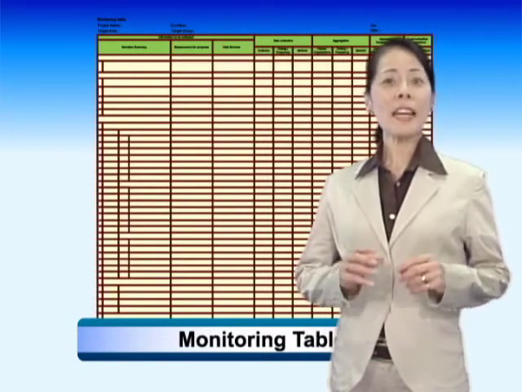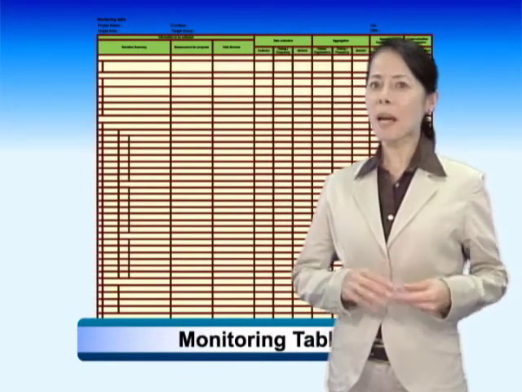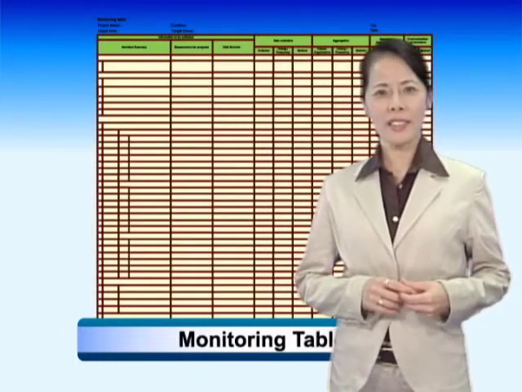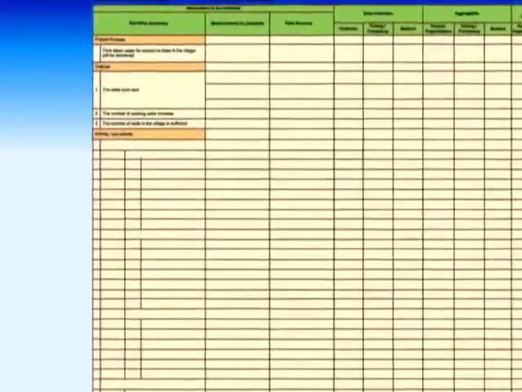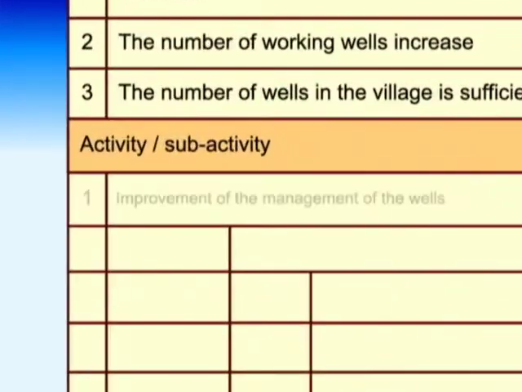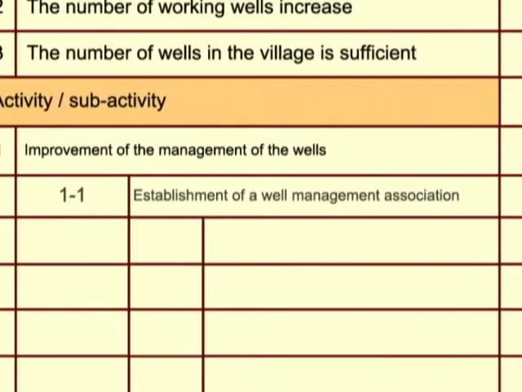Now, let us fill in the blocks for the example of Akihabara village. First, the sub-activity for activity 1, improvement of the well management, is 1-1, establishment of management association.